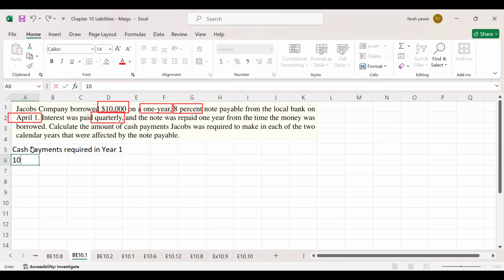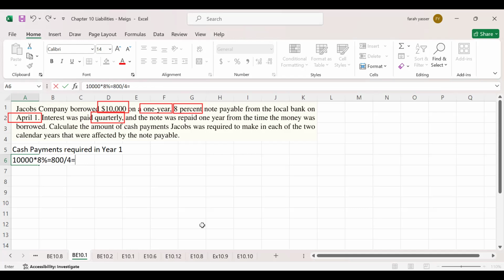Total borrowing amount is $10,000. We will multiply it by 8% because the rate of interest is 8%. So the 1 year interest is 10,000 multiplied by 8%, which is $800. Now, this 1 year interest expense represents 4 quarters because payments are made quarterly.